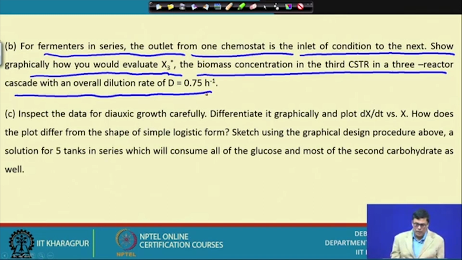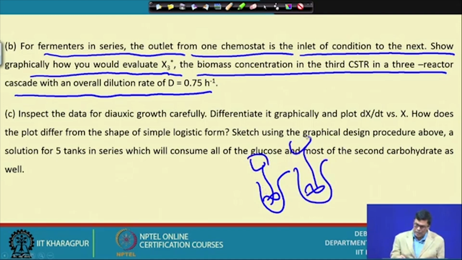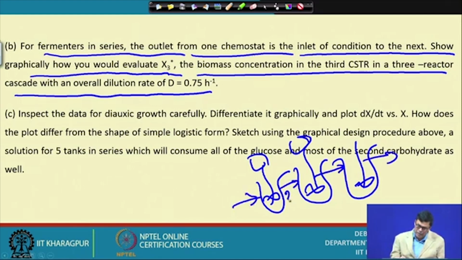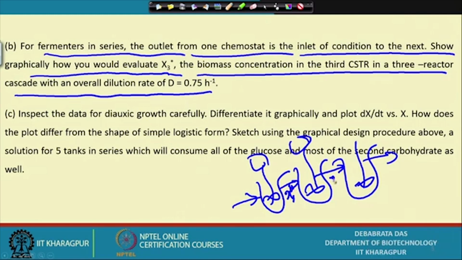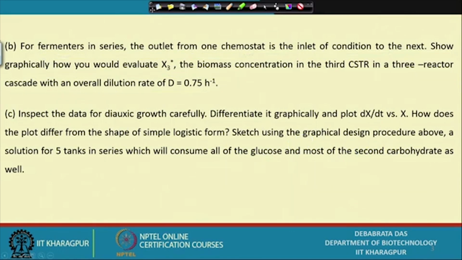Suppose we have one CSTR and another CSTR and this CSTR, connected to each other. Here we have x1 star, here at steady state x2 star, and here x3 star. We shall have to find out what x3 star is when D equals 0.75 per hour. This is the problem that we have.